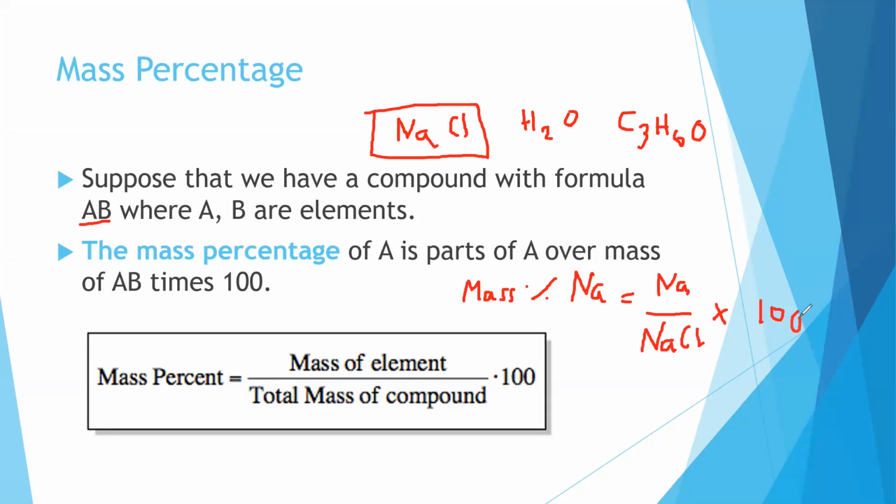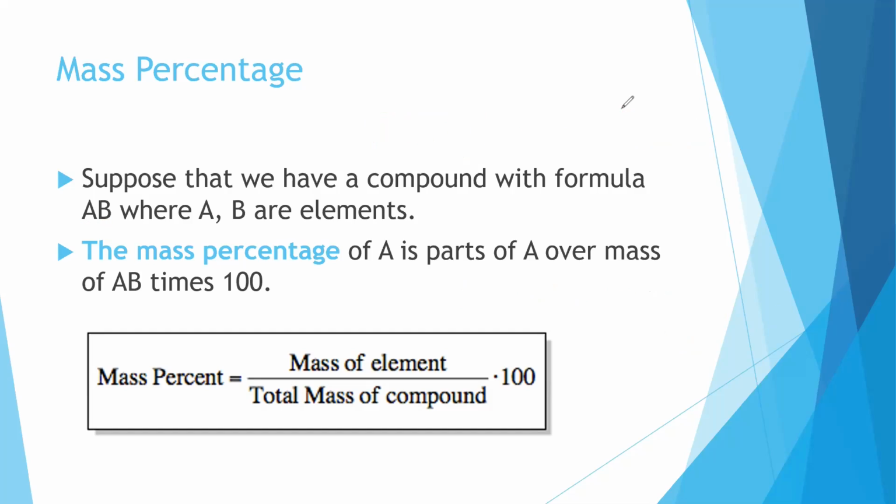And that's basically all the mass percent is. We similarly can do the mass percent of Cl, which is the same thing, except the Na on the top becomes Cl. So mass percent is basically a fraction, and then we multiply by 100.